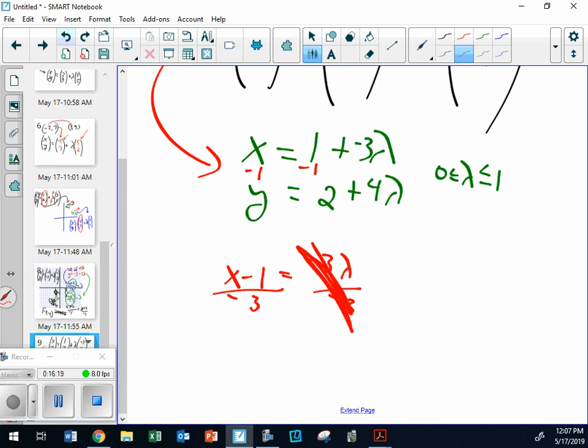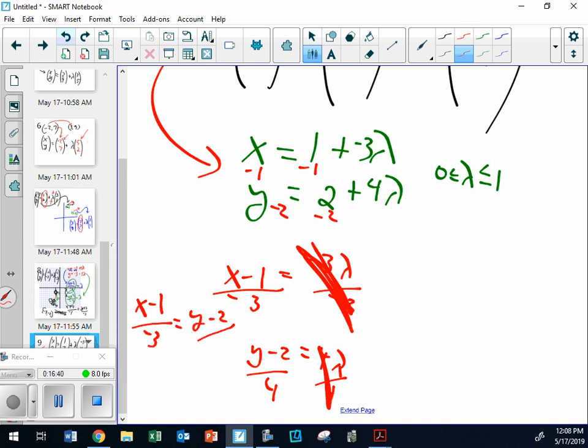Got that one? Now let's do the other one. Y minus 2 equals 4 lambda. Divide by 4. Lambda is y minus 2 divided by 4. Set them both equal. X minus 1 over -3 must equal y minus 2 over 4, because lambda equals lambda, of course. We all know that. So then this must be true. But the danger is that would be a line that would go forever. And so just a reminder, this is not a line that goes forever.